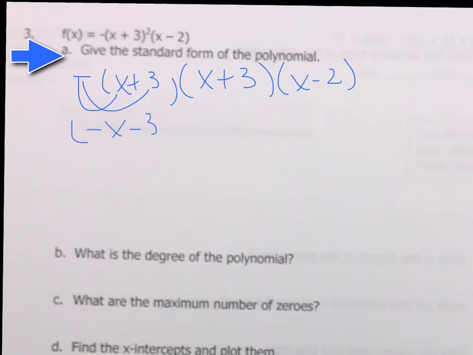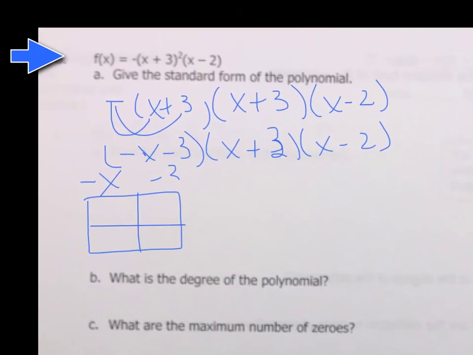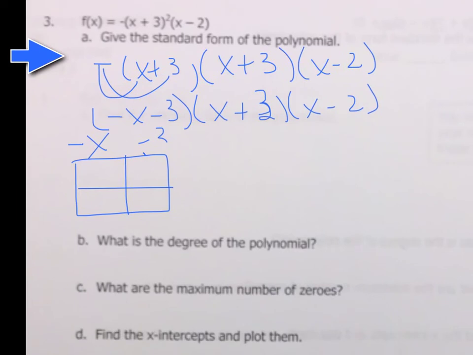Negative x minus 3, x plus 3 there, and then x minus 2. So I am going to double distribute here and put my negative x minus 3 and my x plus 3.